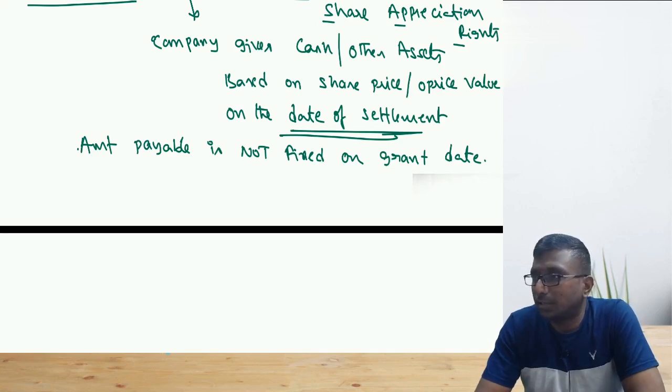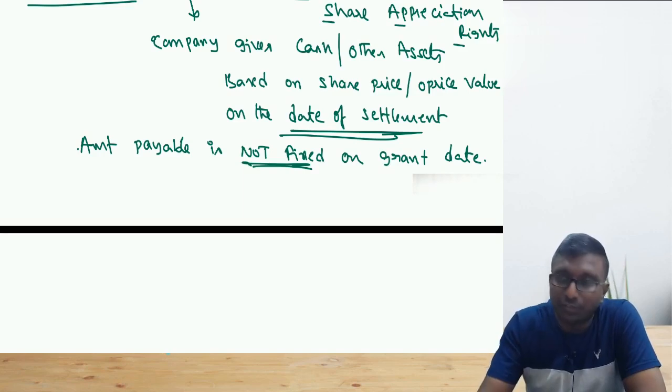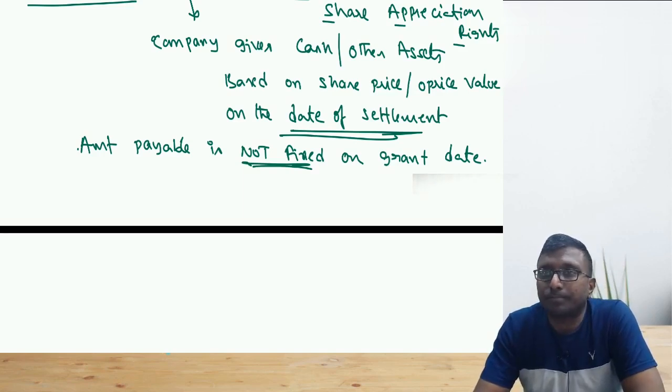Correct? Underline at least that it is not fixed on the grant date. It will depend upon the share price on the last date, on whichever day you want to settle, that day we'll see.